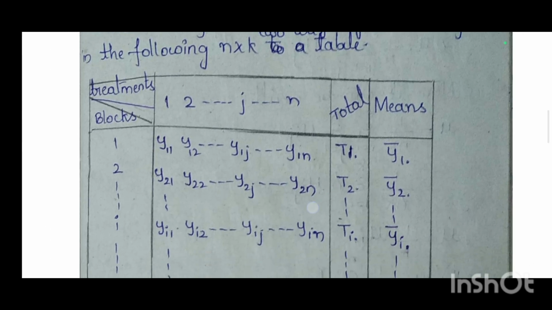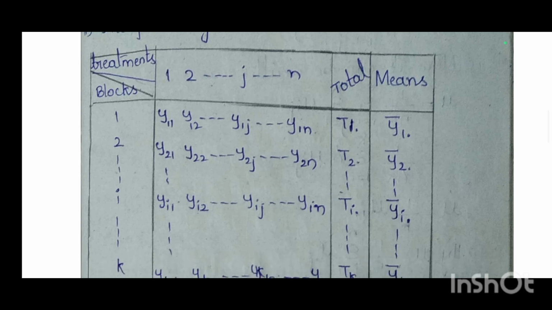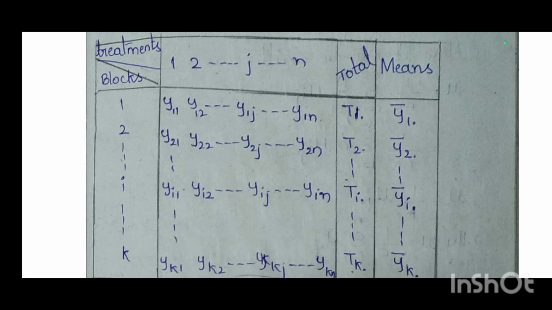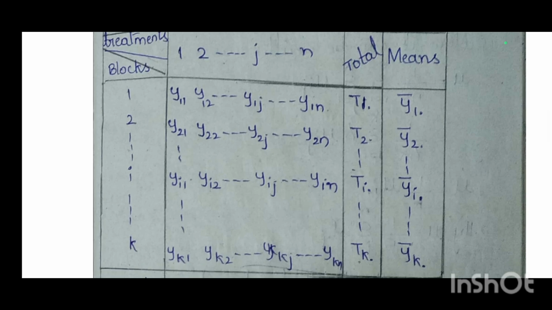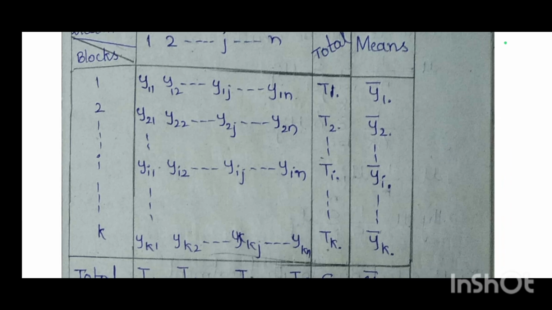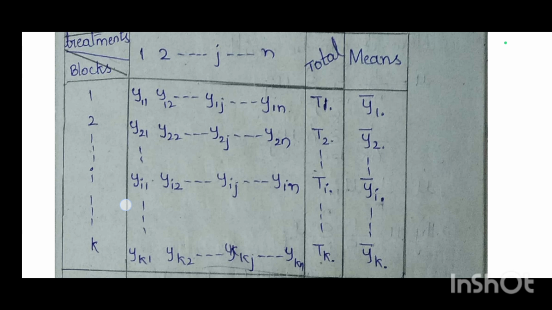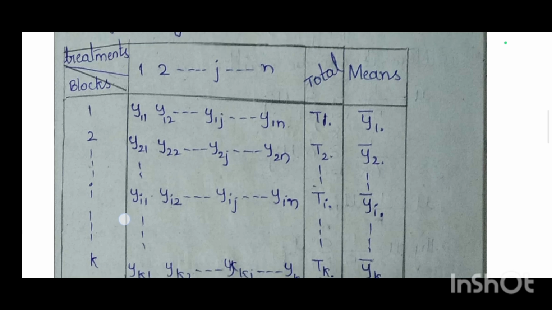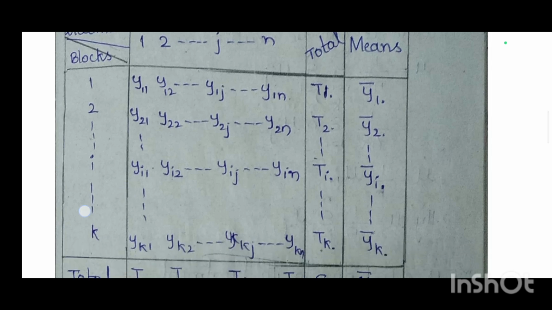This is treatments and blocks. Blocks run from 1 to j to n, and treatments i from 1 to k. So y11, y12, y1j and so on up to y1n. Row-wise total is t1 dot and mean is y bar of 1 dot.